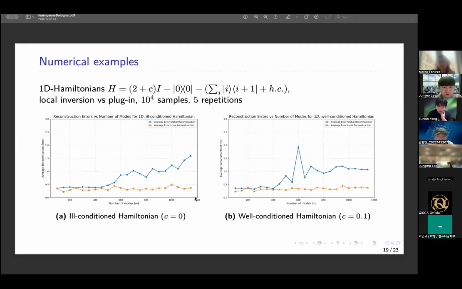And we also recently did some numerics that show that our method in fact works in interesting regimes. We tried with well-conditioned Hamiltonians, where both the operator norm of the Hamiltonian and of its inverse are independent of the size, which is the setting where our theorem gives guarantees. And we see that global reconstruction using the plug-in method does significantly worse than the local reconstruction.